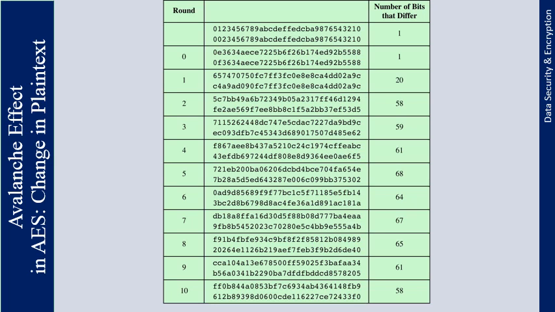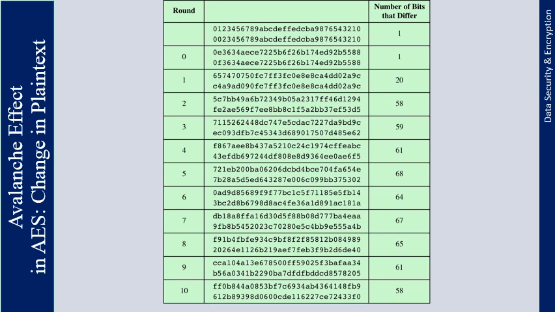So in this example, the second column shows the value of the state matrix at the end of each round for the two plain texts. Note that after just one round, 20 bits of the state vector differ from the two plain texts. After two rounds, close to half of the bits differ.